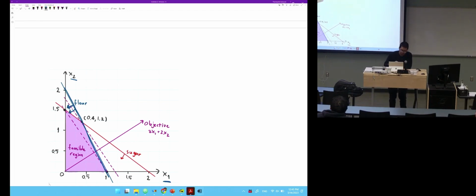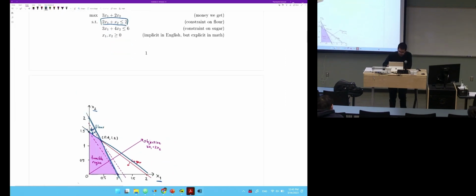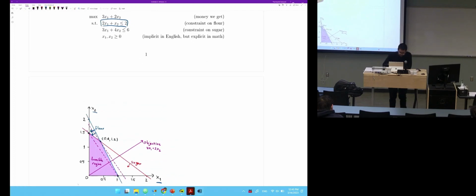Another constraint for sugar would be just another line, right? This is a constraint for flour, and another constraint for sugar. It looks like this. Okay.